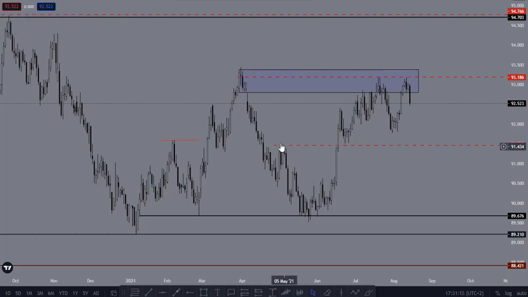It was this resistance over here also turning into a support zone. It's not an actual support and resistance to the point, because it's not that clear, but that's essentially what is happening here. That's why we found a rejection here.